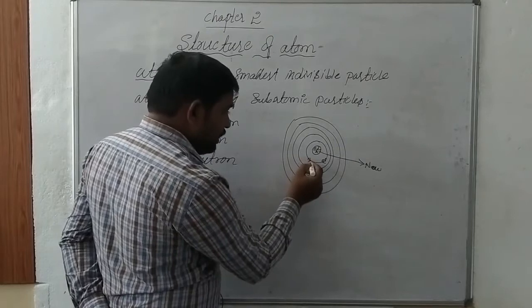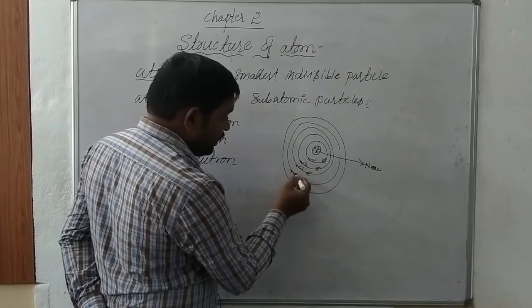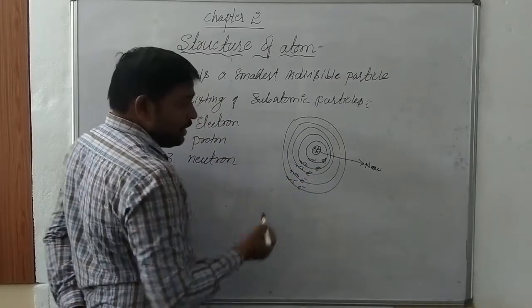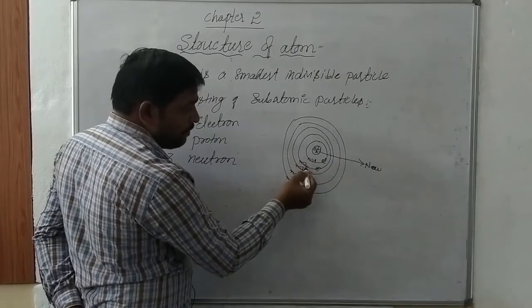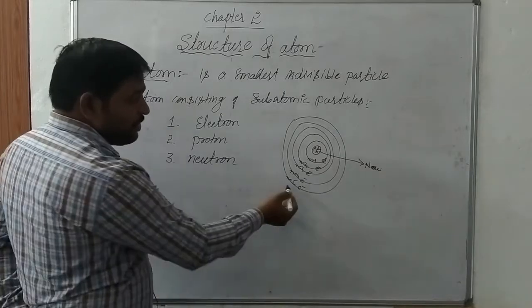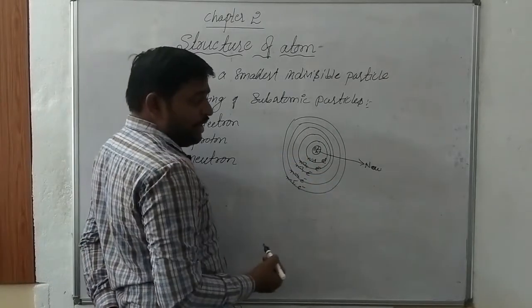This is n equals 1, n equals 2, n equals 3, n equals 4, n equals 5. These are the energy levels: energy level 1, 2, 3, 4, 5, and so on; the energy levels can increase to 6, 7, 8. This is the structure of an atom.